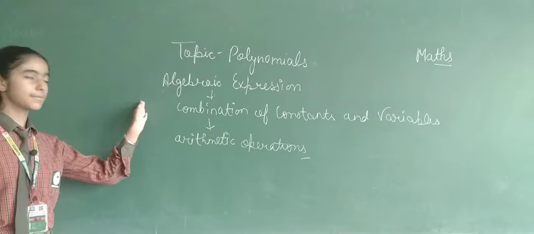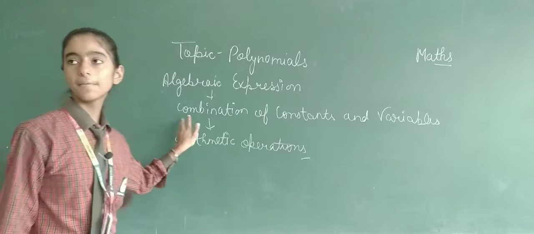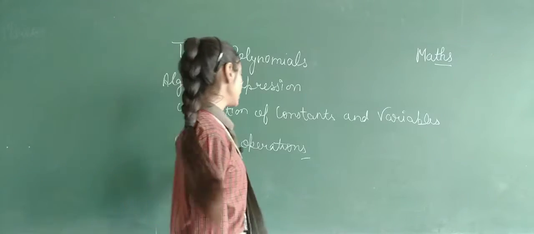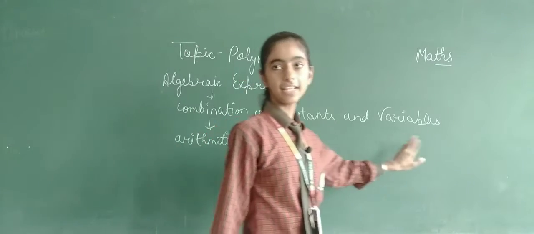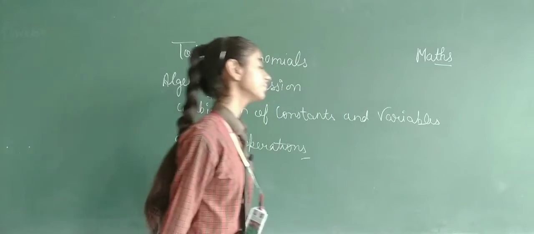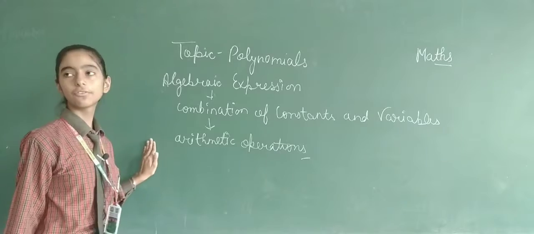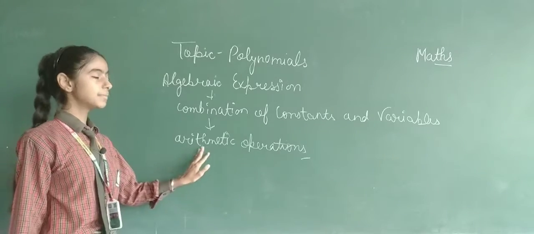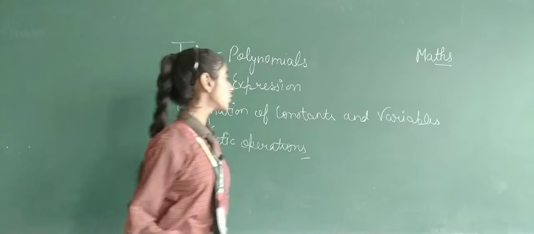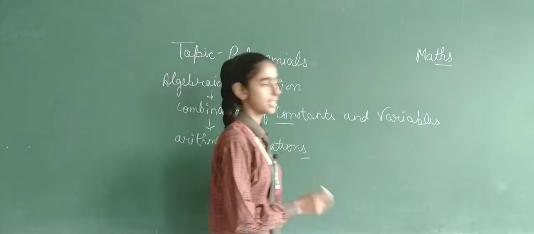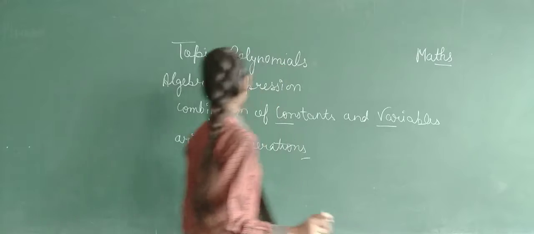So friends, algebraic expression is the combination of constants and variables with the help of arithmetic operations. So here the question arises, what are constants and what are variables?